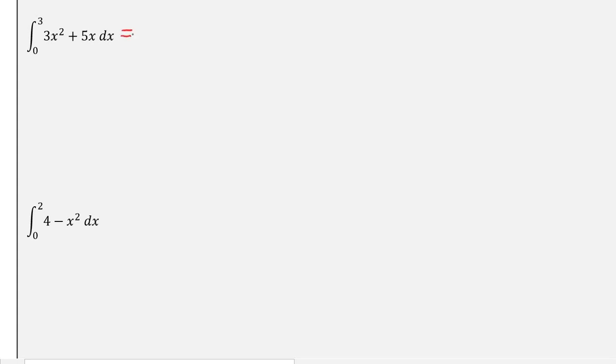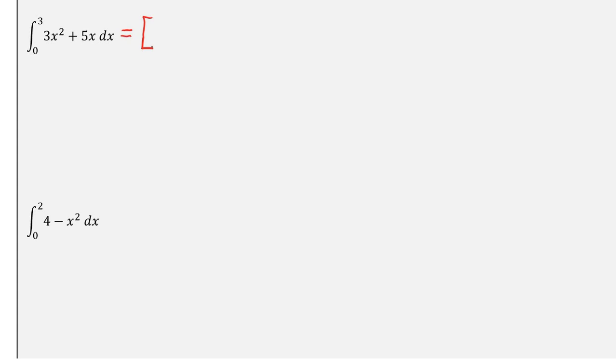So, it's a definite integral because it has bounds. So I'll put my square brackets here. No C. And I've just got to integrate what the function is telling me to do. 3x squared plus 5x.